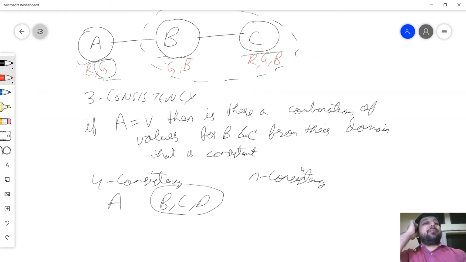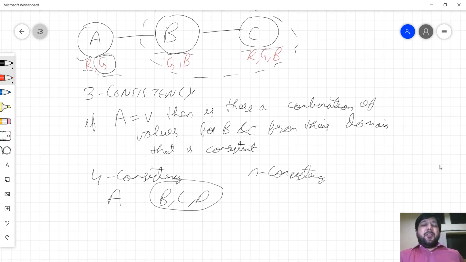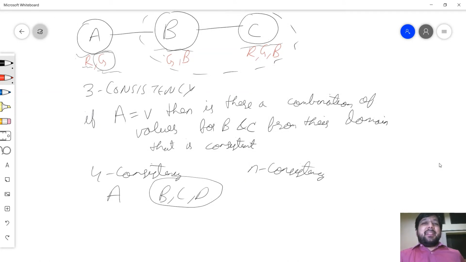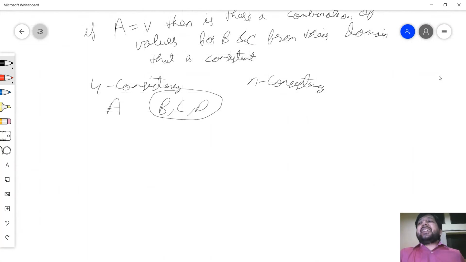So, which one is better? Why not n consistency all the time? By the way, we don't use n consistency. Two or three consistency is usually used. So, it goes like this: I had an algorithm which without heuristic was d to the power of n.